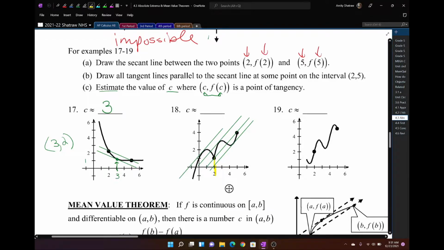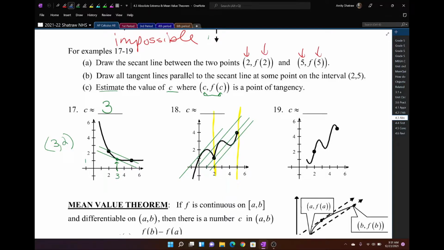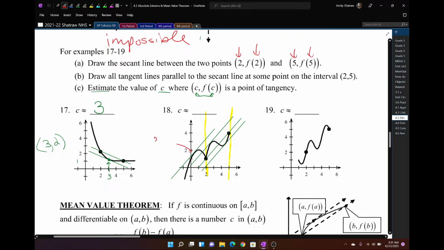He says do the interval from 2 to 5, and therefore this line is outside the interval. So I don't want to use it, okay?